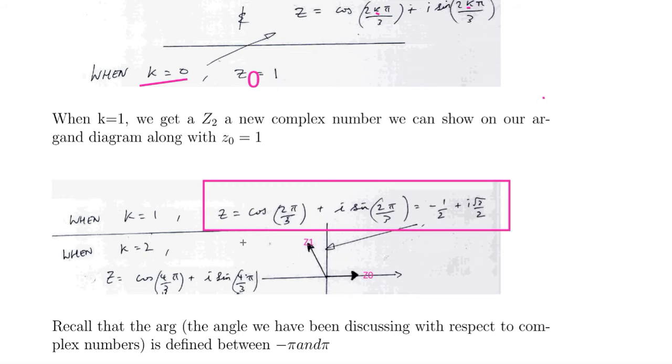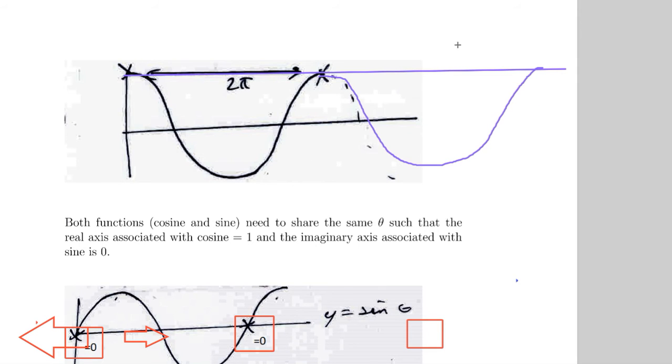It is another complex number that satisfies the circumstance of z cubed equaling 1. If you plug in these values, you'll end up with minus a half plus i root 3 over 2, and it will satisfy our trigonometric circumstances. When k is 1, it is shifting you along to this new point here.